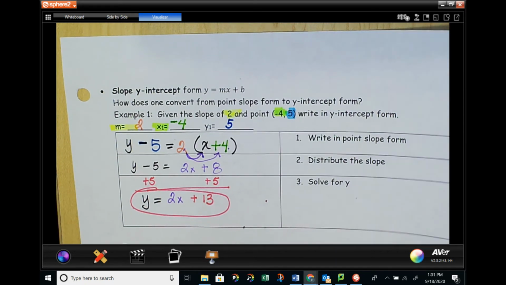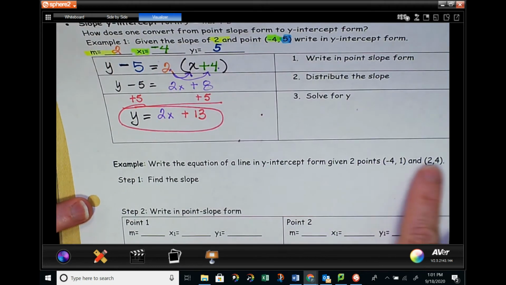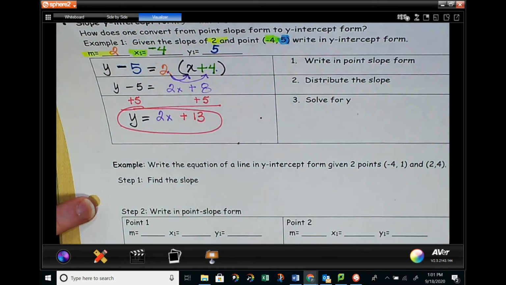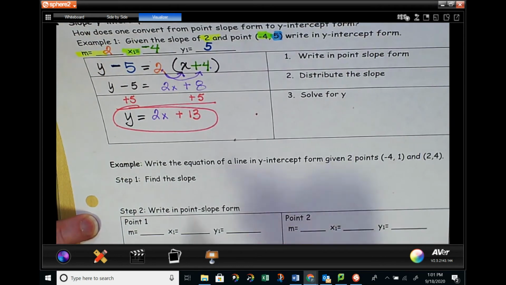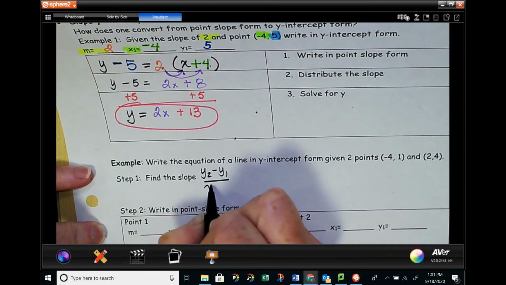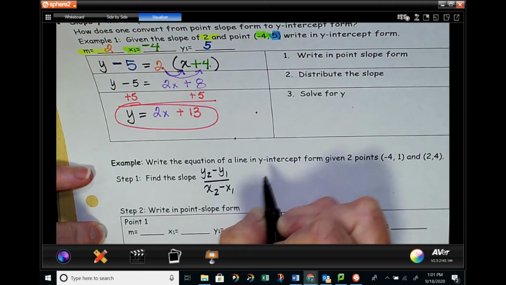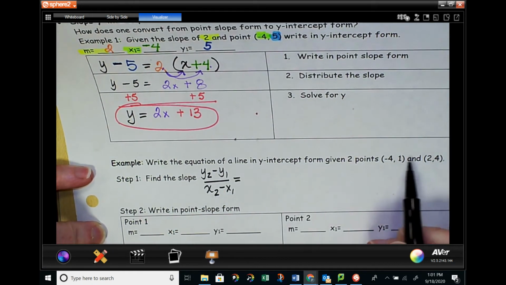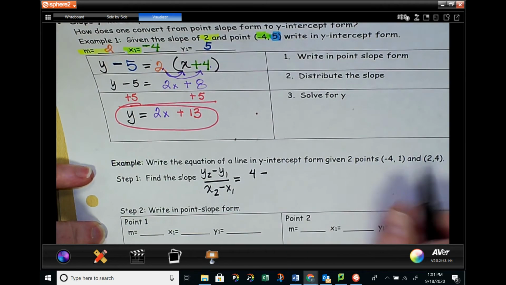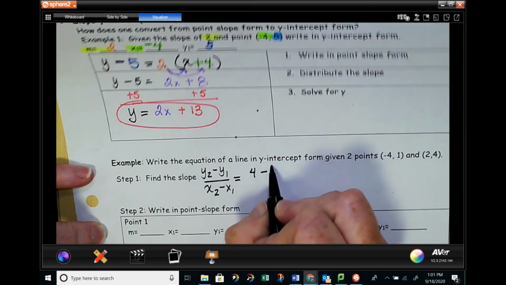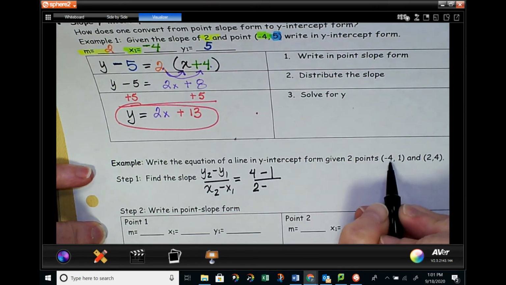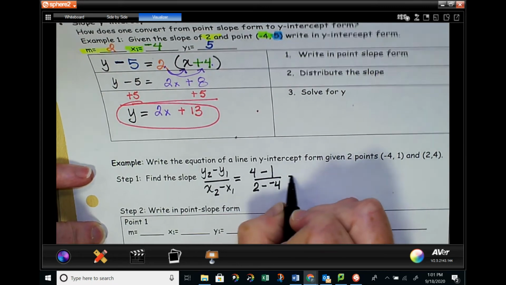Now we're going to do this where I'm giving you 2 points, and you have to find the slope. Same thing, we're going to use the slope formula: y2 minus y1 over x2 minus x1. So y2, which is 4, minus y1, which is 1, over x2, which is 2, minus x1, which is negative 4.